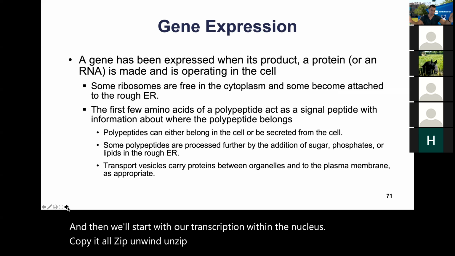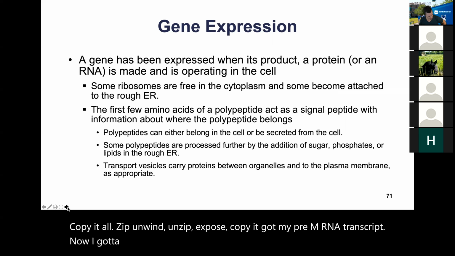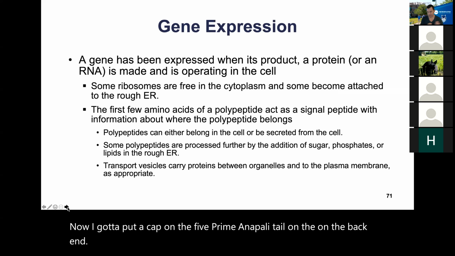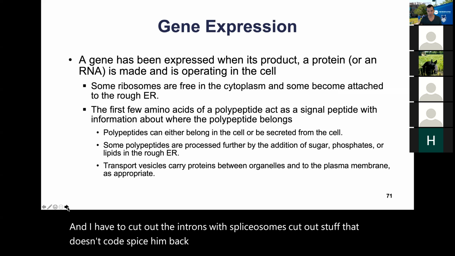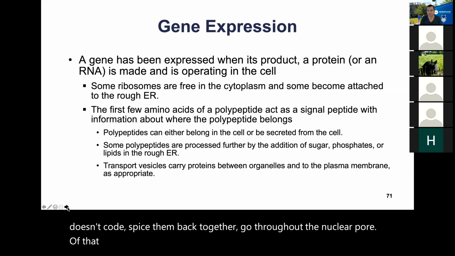I got my pre-mRNA transcript. Now I have to put a cap on the 5' end, a poly A tail on the back end. And I have to cut out the introns with spliceosomes, cut out the stuff that doesn't code, splice them back together, go through the nuclear pore of the nuclear membrane, and go into the cytoplasm.